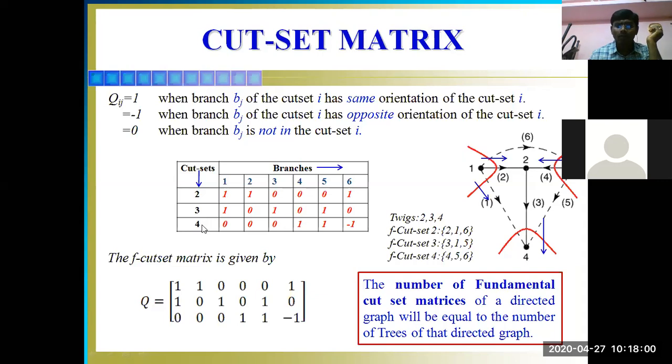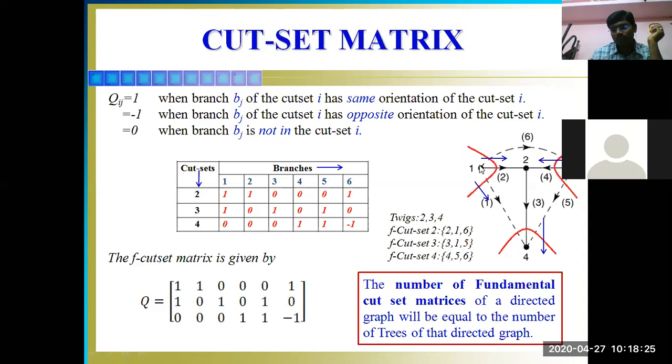Now, cut set 2 consists of 3 branches: 1 twig and 2 links. Second, 6th, and 1st. The direction of the cut set is away from node 1.